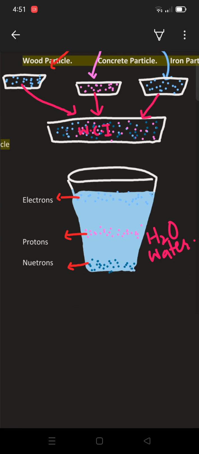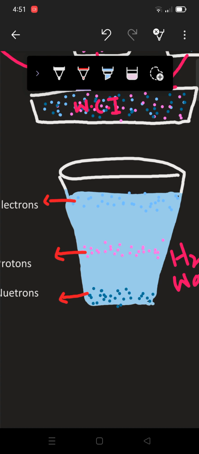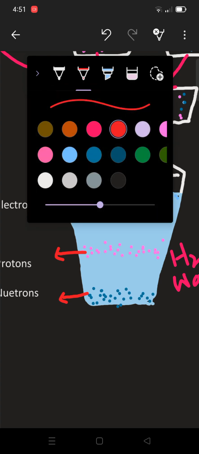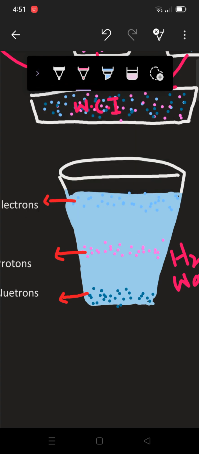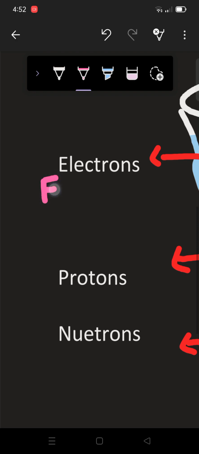So now electrons have the lightest weight, then protons, then neutrons. Now as you can see, electrons will be floating in the water, at the top of the glass. Electron will be floating.